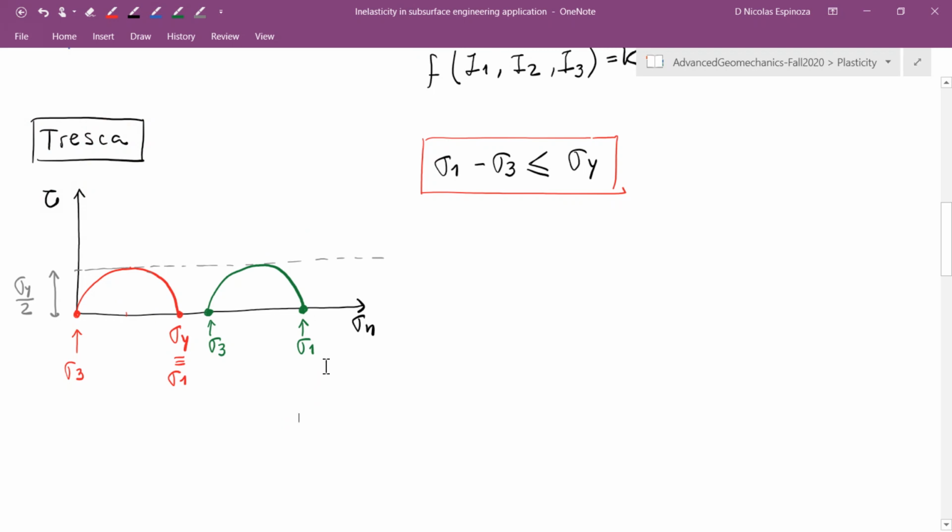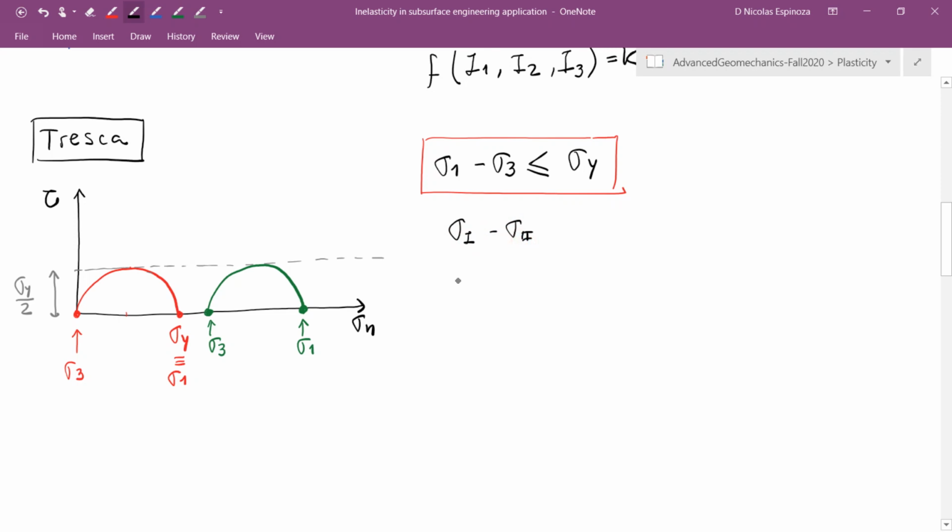Okay, so how do we extend now this Tresca criterion for 3 dimensions? All right, what we're going to do is we're going to write the same equations, but slightly different.